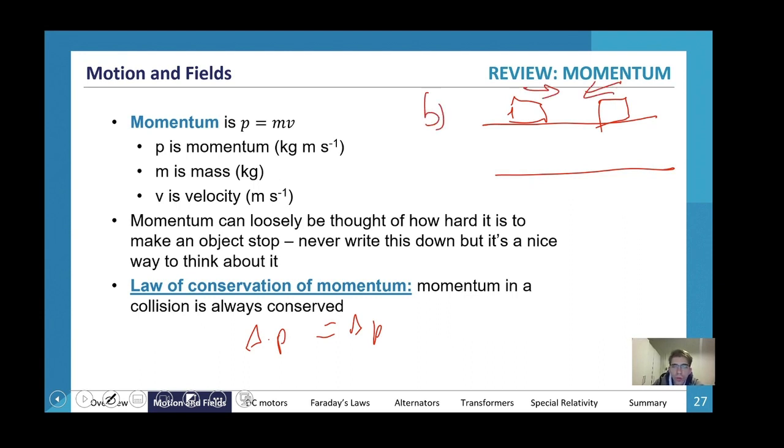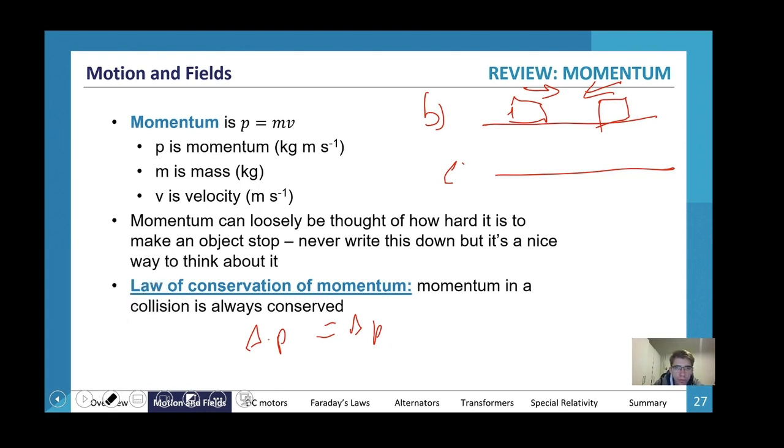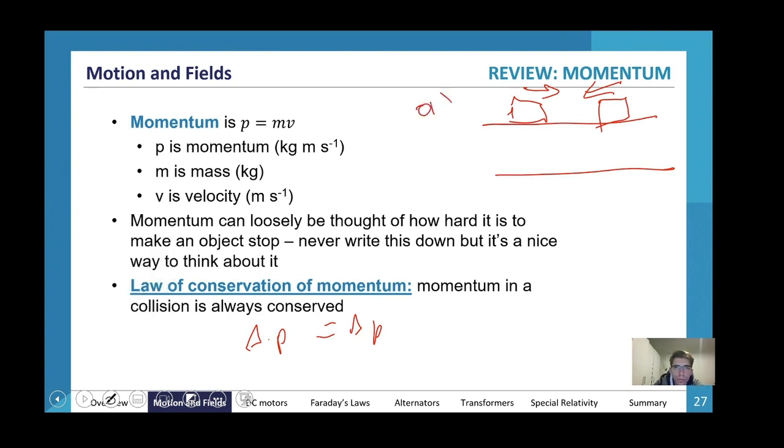One object goes towards the other. And then the objects collide.